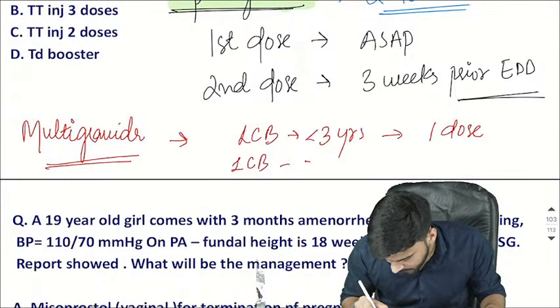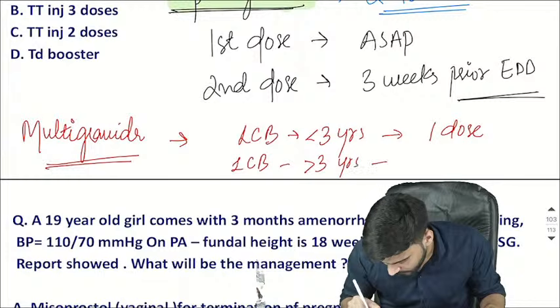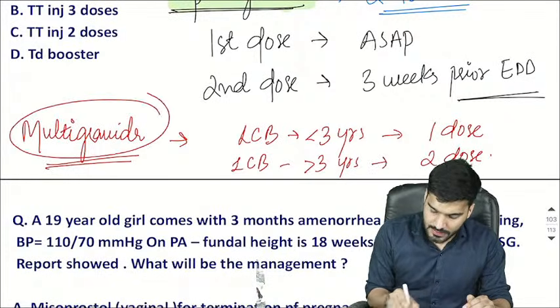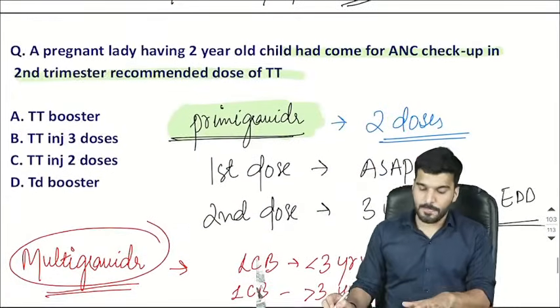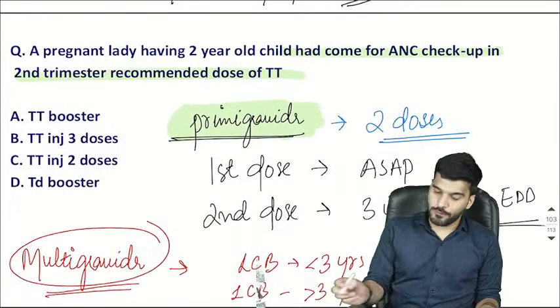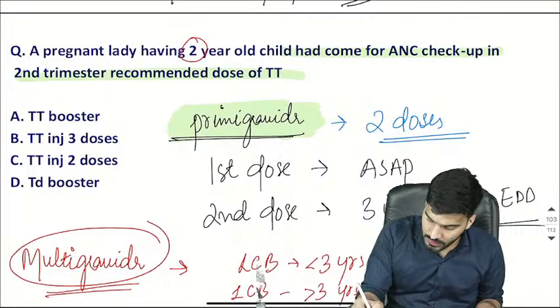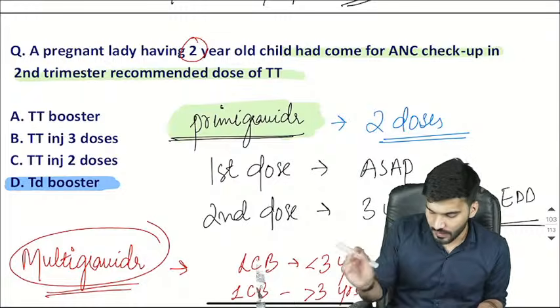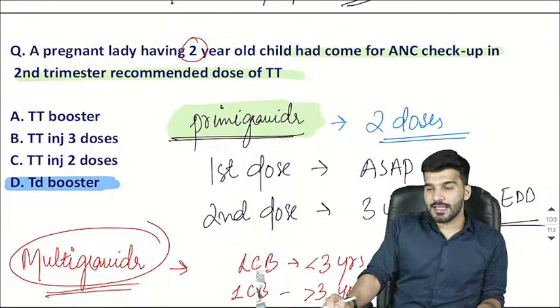If the last childbirth is more than 3 years, give 2 doses. Is that clear? So that is about the dose of TT. This pregnant lady had a 2-year-old child, so less than 3 years. So you give 1 TD booster. Is that clear to everybody? Yes. So that's all about the recommended dose for TT.